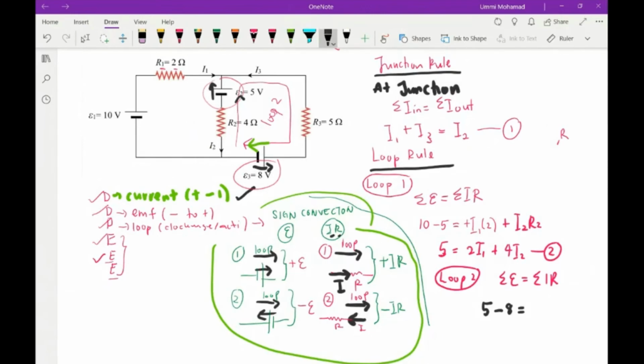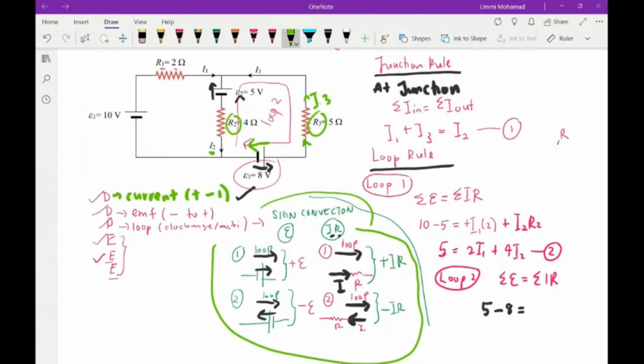What about IR? Again in loop 2 we have two resistances, R2 and R3. We compare the current that flows through the resistances. The current through R2 is I2, and the current through R3 is I3. We start with I2.